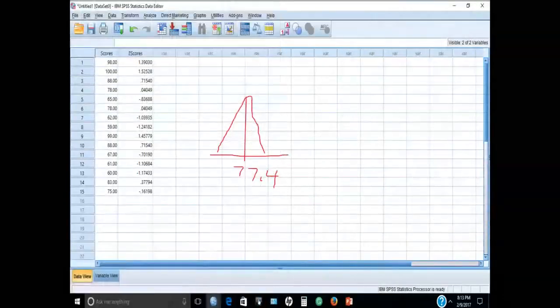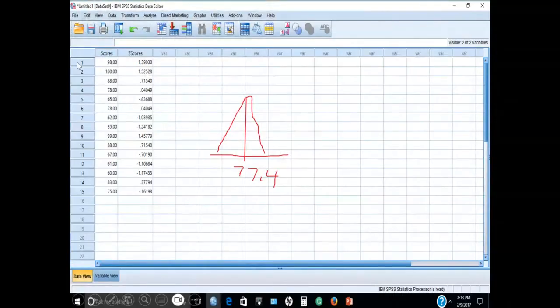So the guy who scored 78 comes to you and says, how did I do? His z-score is 0.04, knowing that the mean for this distribution is 77.4. So slightly, just a little above.